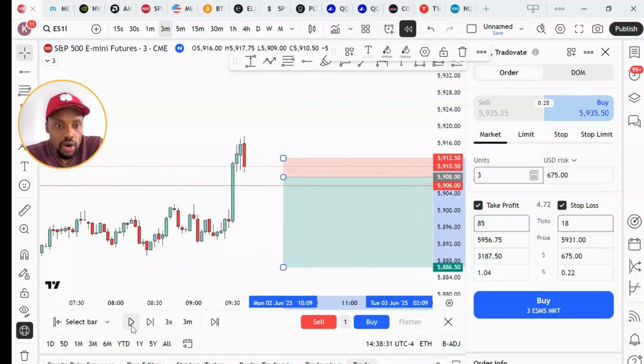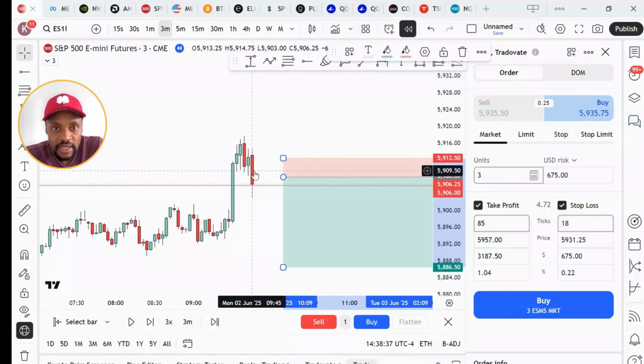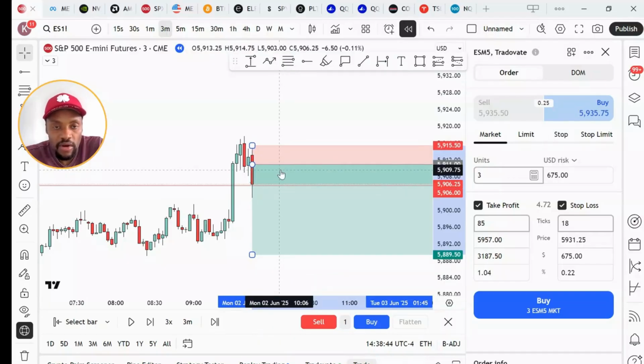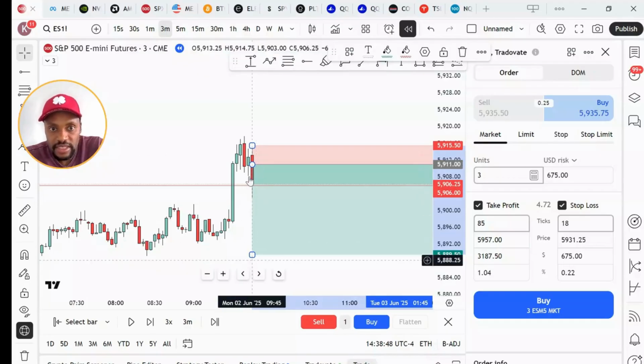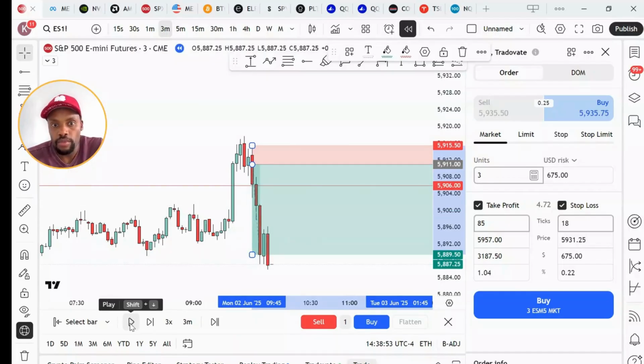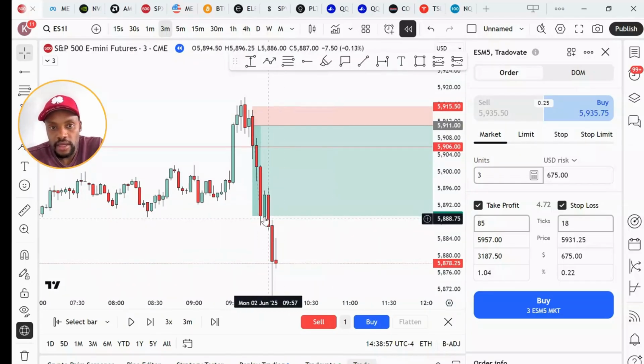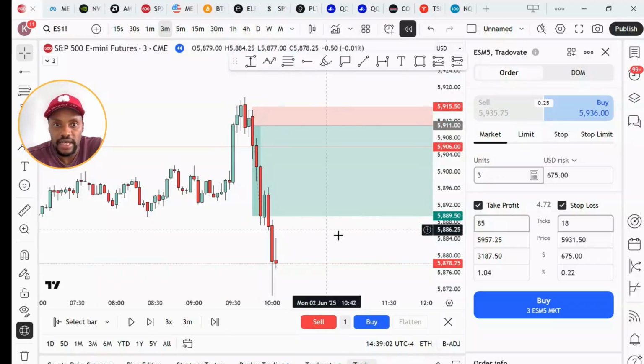In this particular case, you can see we have a red candle, green, and then red. So I'm taking my entry on this candle right here. Let's say I take the entry somewhere around here. I'm still holding my 18 ticks, and this is the move that I'm targeting to the downside. You can then see, boom, I would have hit my target and I would have literally passed my eval in one trade.